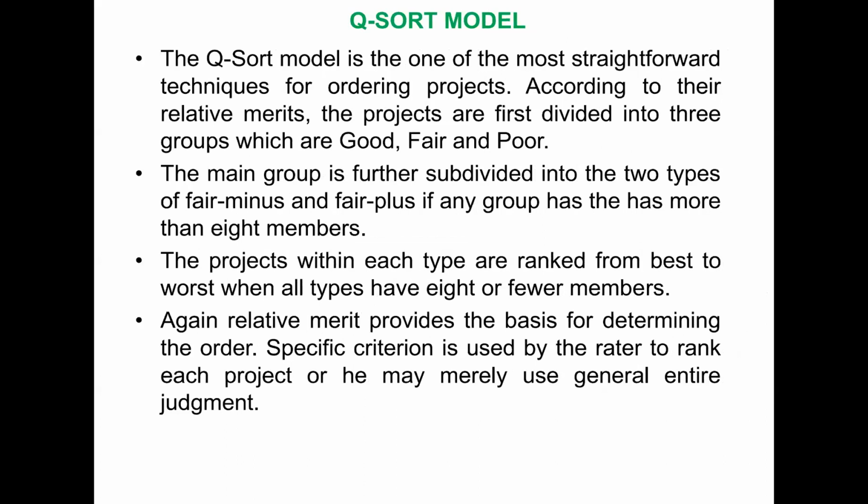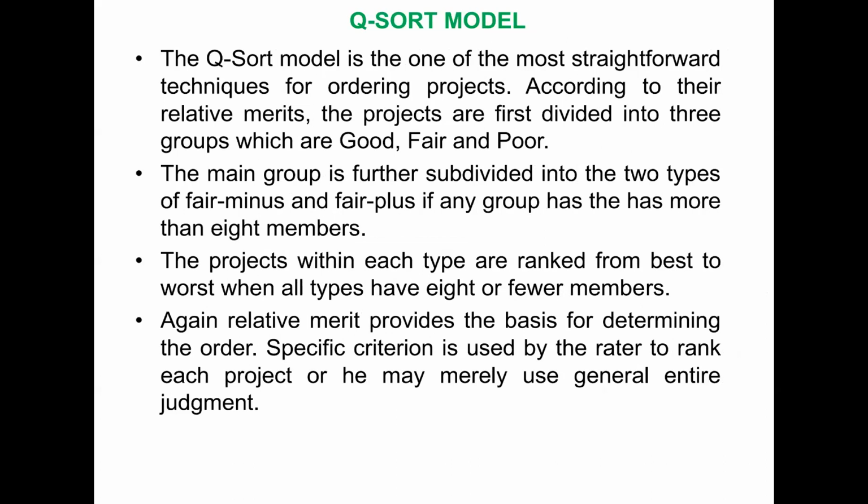Let's look at the Q-SOT model. Now, the Q-SOT model is one of the most straightforward techniques for ordering projects. According to their relative merits, the projects are first divided into 3 groups, which are good, fair, or poor.